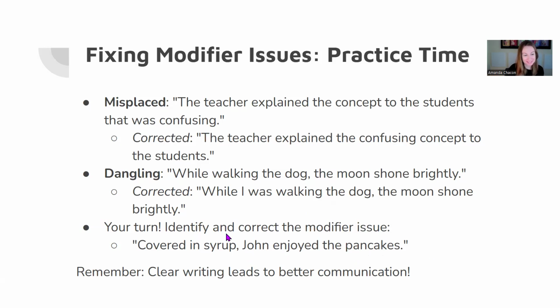The pancakes. So how would you fix that sentence? Think about it for a second. Okay, so you could say, John enjoyed the pancakes that were covered in syrup, something like that, to where it modifies the actual word pancakes.